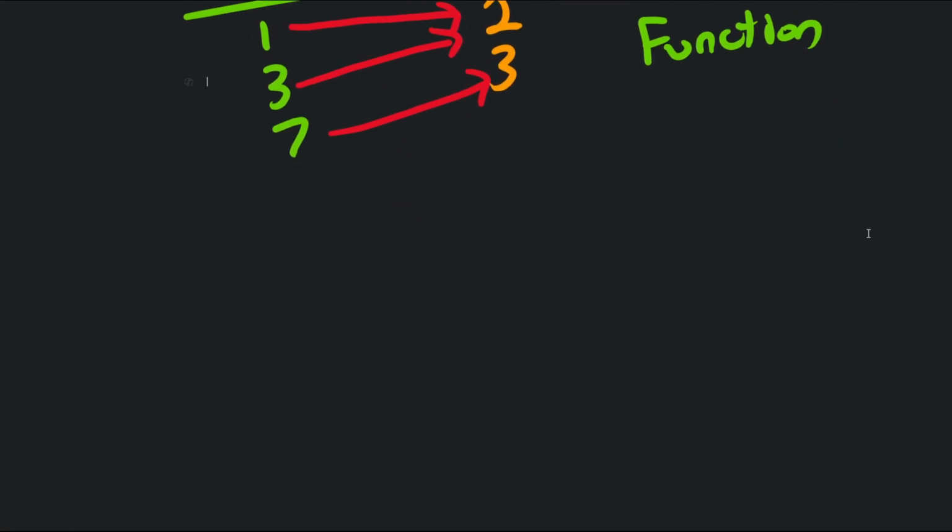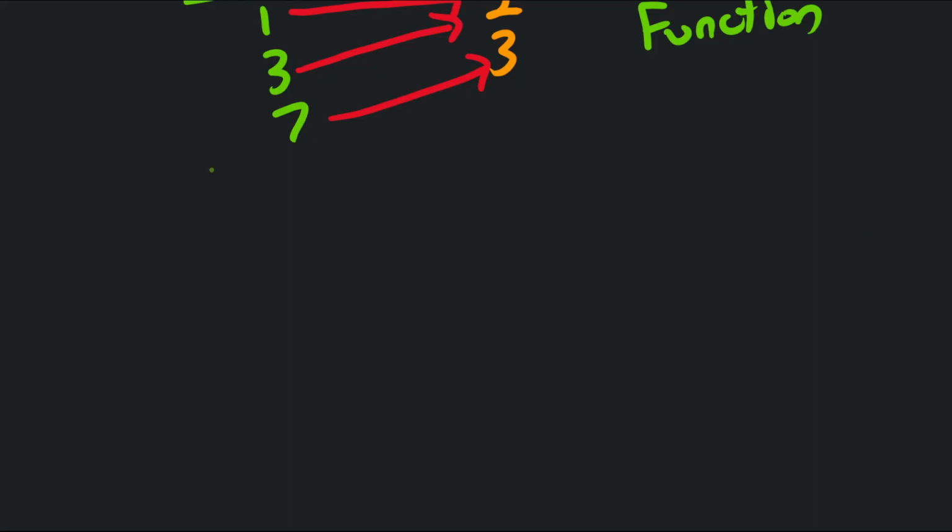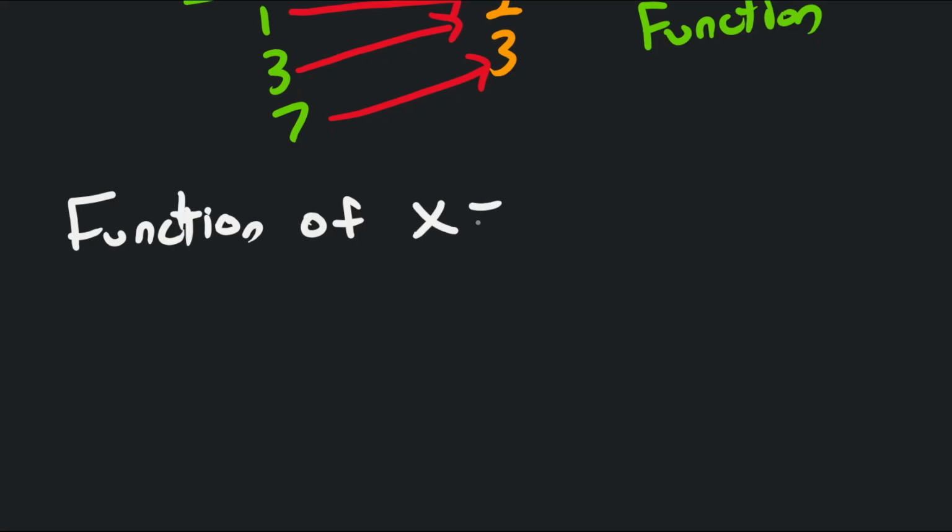So let's talk about how we represent functions. So let's say we want a function of x. So this is what function notation looks like. So for this function, let's use the letter f, and we are going to use x as the input right here.